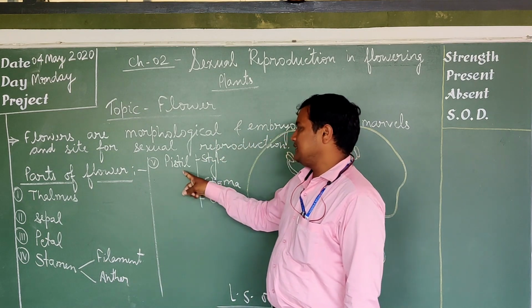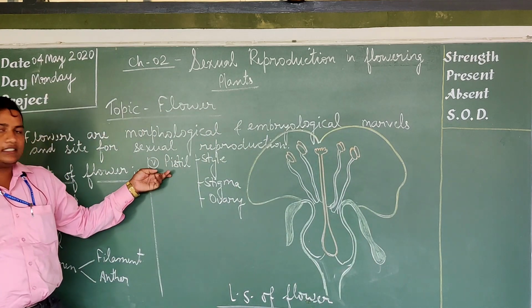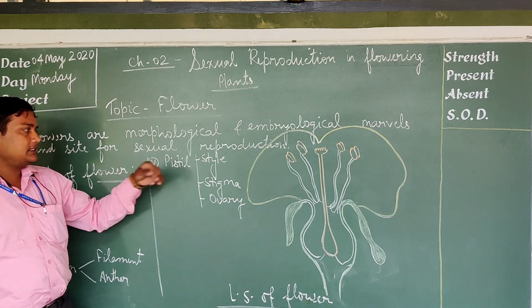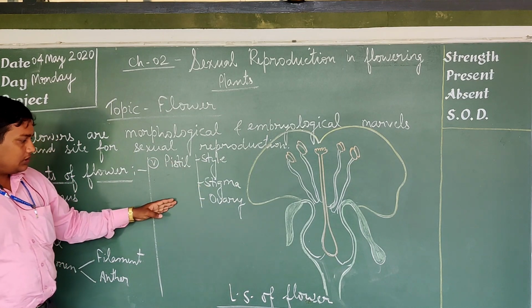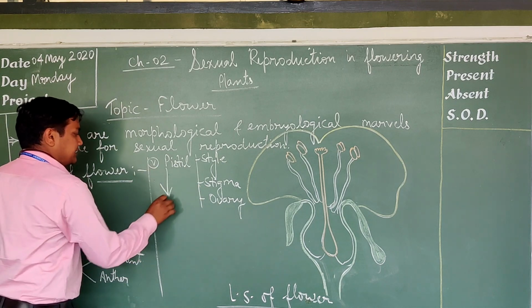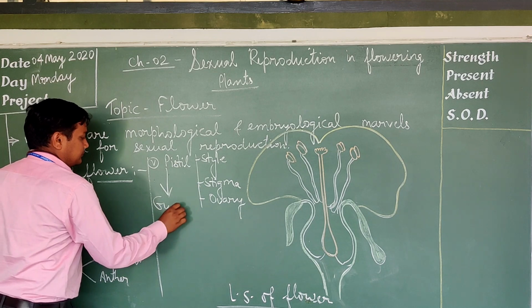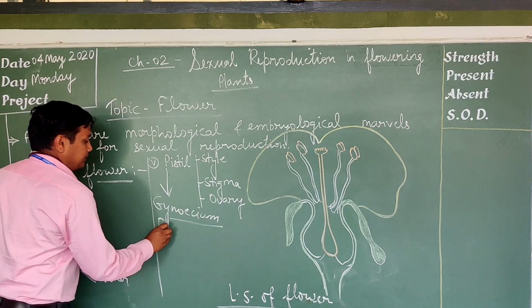The next part is the pistil. Pistil is also known as carpel. The carpel is divided into three parts: style, stigma and ovary. So now students, pistil is also known as gynoecium. Gynoecium is known as the female reproductive part.